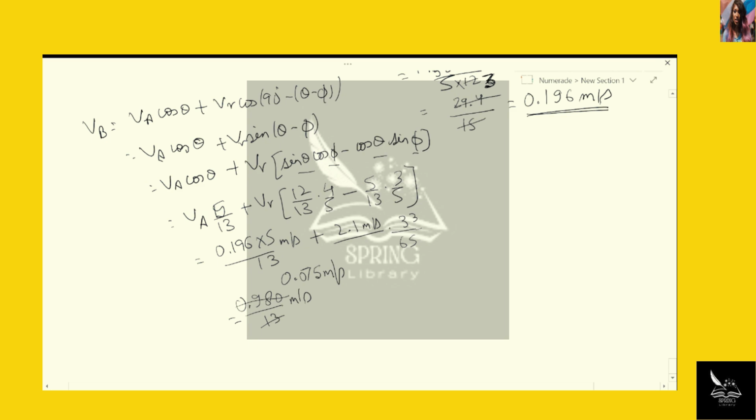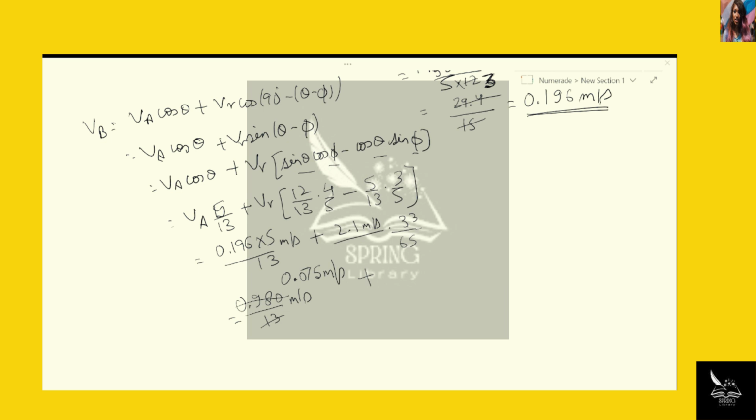And there will be another decimal, so there will be 0 here, 0.075 plus, what is this number? We will just use a calculator. So 2.1 times 33 divided by 65.